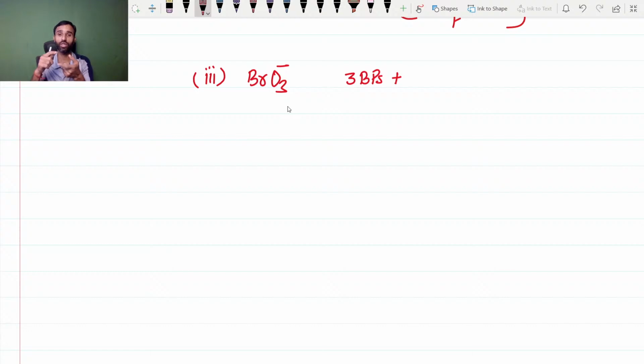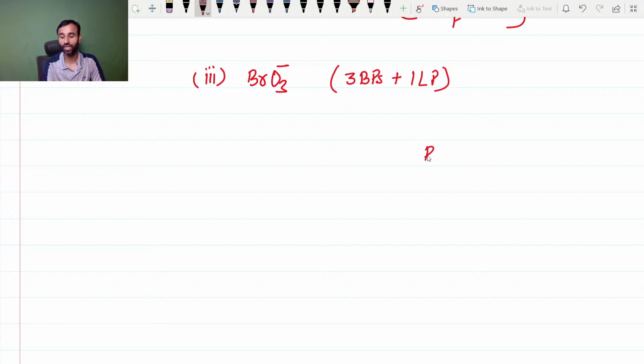Before that, we were dealing with chlorine or fluorine, which are monovalent atoms. Now bromine has 7 valence electrons and 1 negative charge, so a total of 8 electrons. Out of 8, 6 are shared. So 2 electrons are left unshared, so there is 1 lone pair. 3 bond pairs and 1 lone pair.